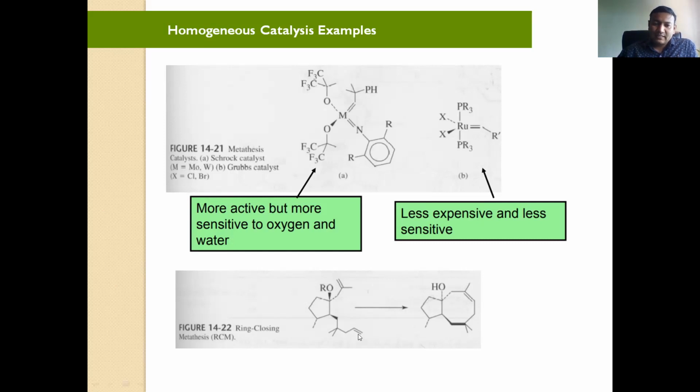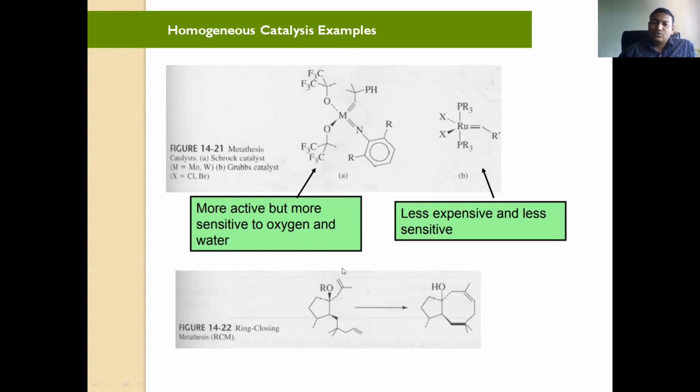So metathesis, see here on the last side, ring closing metathesis means there are two double bonds in the starting material. You can see that the two double bonds will come together and there will be a ring formation.